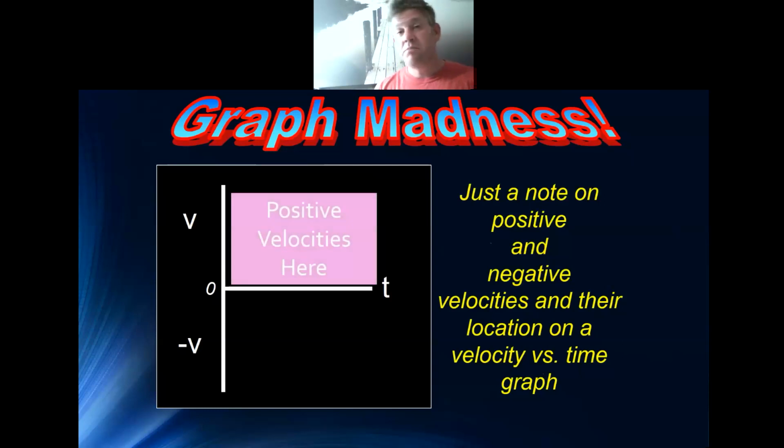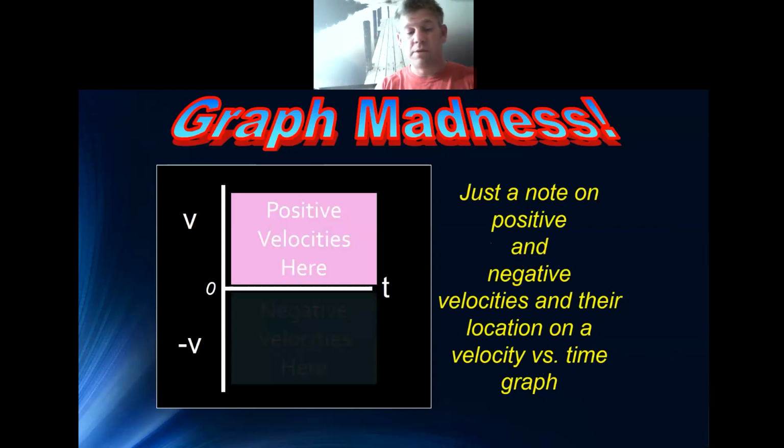Now, it doesn't mean that our change in velocity is still always going to be positive. We can still get slowing down, right? Meaning you're coming up to a stop sign, you're coming up to a stoplight, you're going to slow down. But if you're moving in the correct direction, away from where we're going to, forward, positive, to the right, so to speak, that's where those positive velocities are going to be.